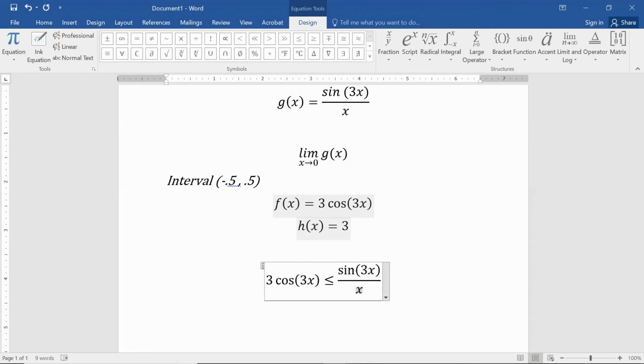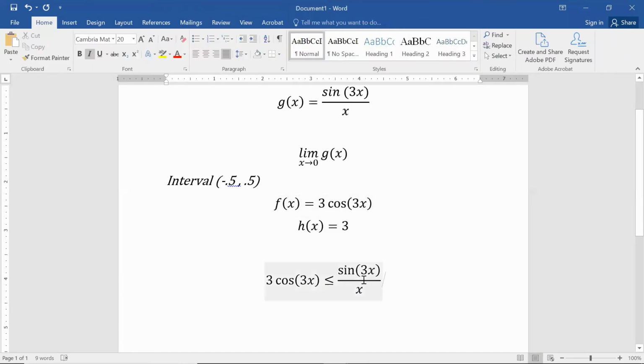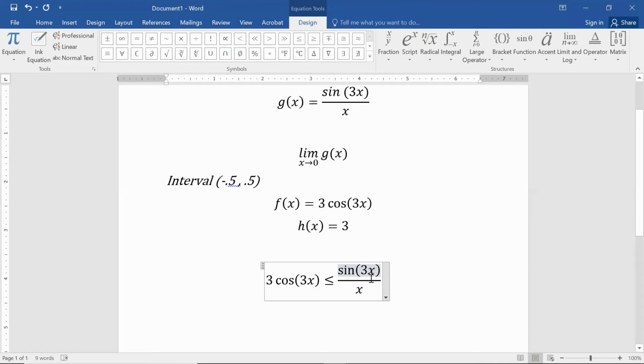And how could we figure that out? Well, how could we compare this? We can compare this on the interval from negative 0.5 to 0.5. We could look at that graphically and see that's true. We could apply what we know about triangles, and specifically in that interval, the law of cosines to see that's true.